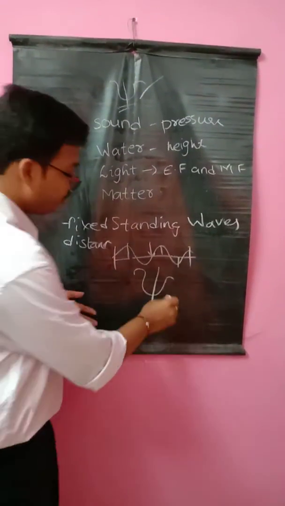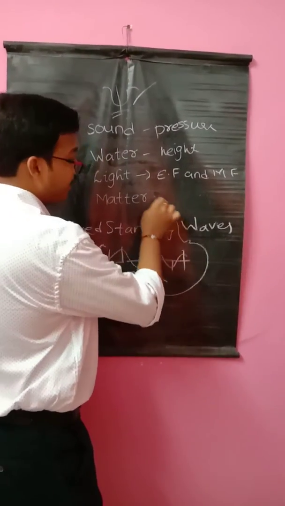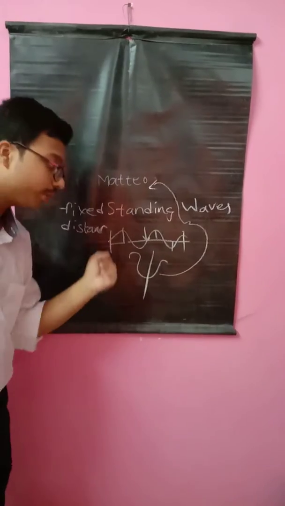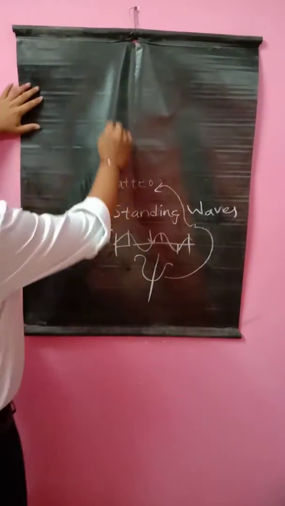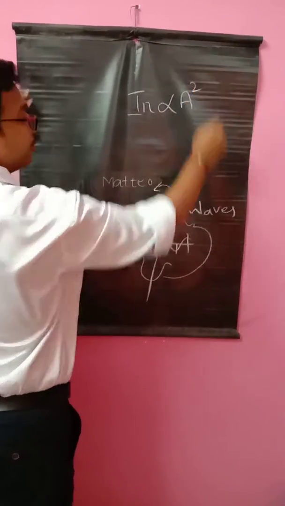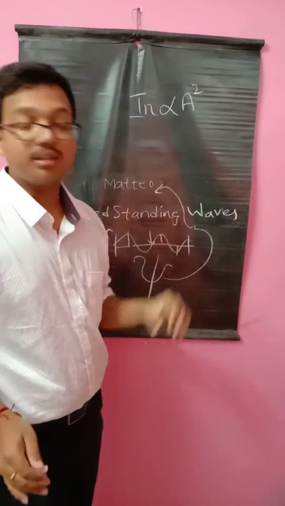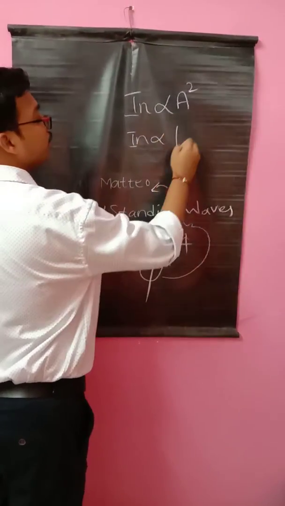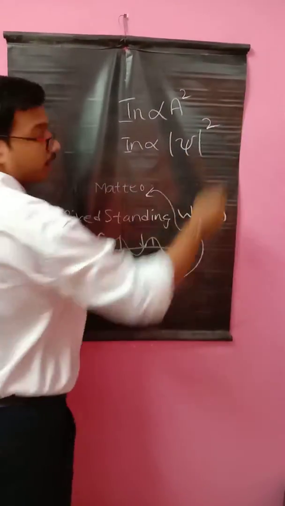Psi is the varying quantity in the matter waves. Now, we know from the principles that intensity is directly proportional to the amplitude square. As this follows for matter waves, intensity is directly proportional to psi square.